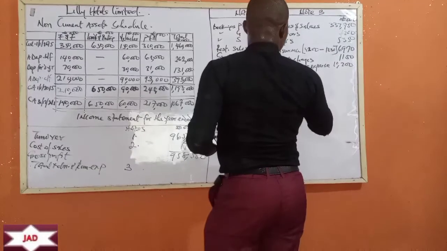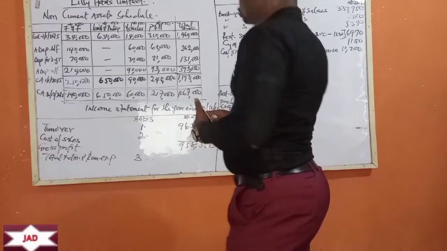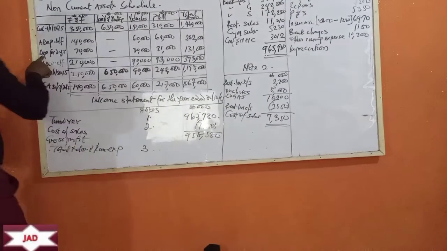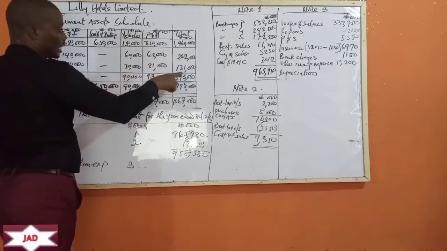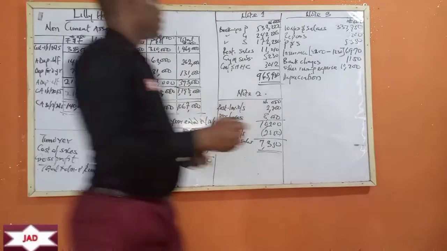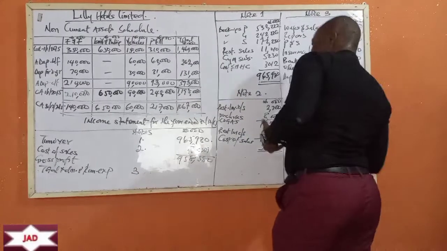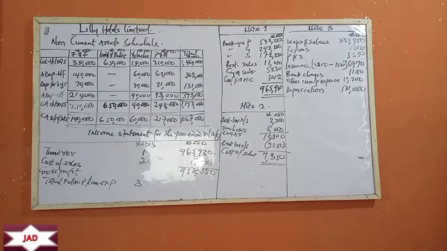Since we have already prepared our asset schedule, we'll just come here and pick depreciation straight. So depreciation for the year, look at it here. This plus this plus this plus this gives us 131,000. So that's depreciation for the year.